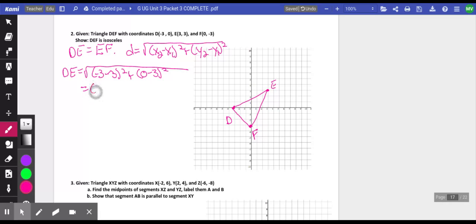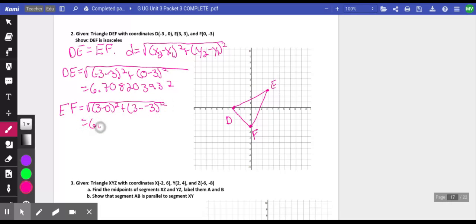Which is 6.708203932. Now I'm going to do the same thing for EF. For EF, I have 3 minus 0 squared plus 3 minus negative 3 squared. Which again, when I do that on my calculator, I get 6.708203932.